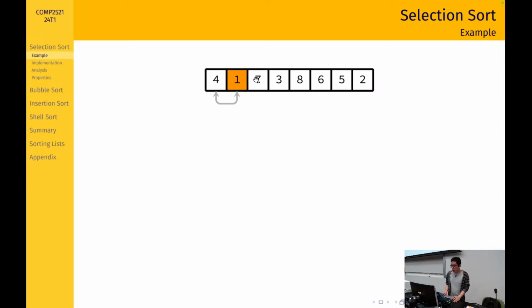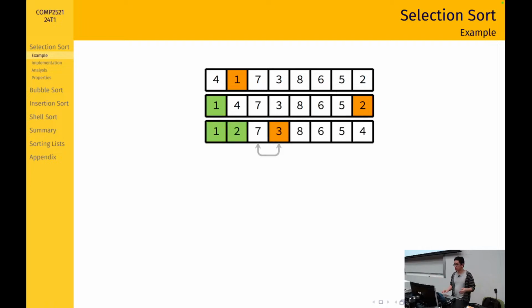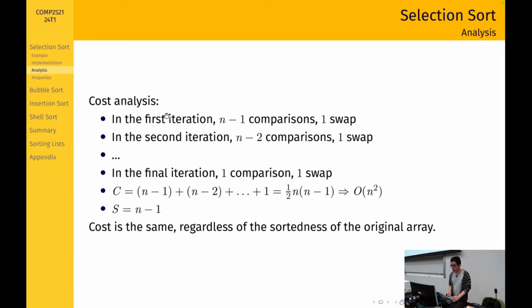During the second iteration, the smallest item is in the right place, so we need to find the smallest item within the remaining n-1 elements. That takes n-2 comparisons. In the next iteration, it takes n-3 comparisons, and so on. So we get this arithmetic sequence, n-1 plus n-2 plus and so on, plus 1, and that happens to equal this expression here.